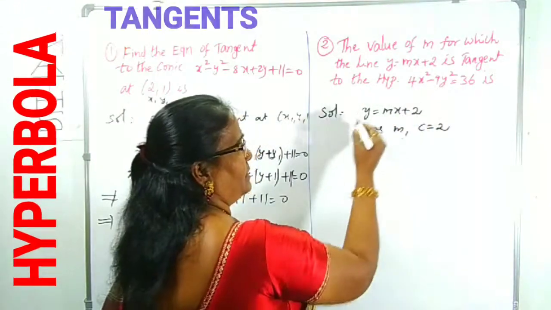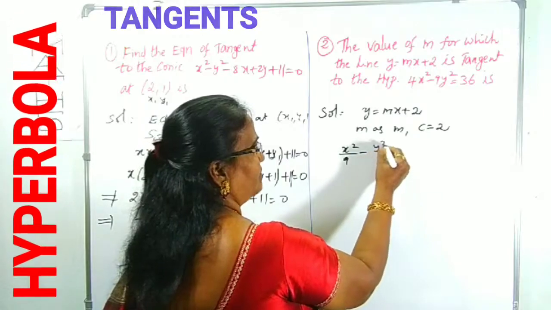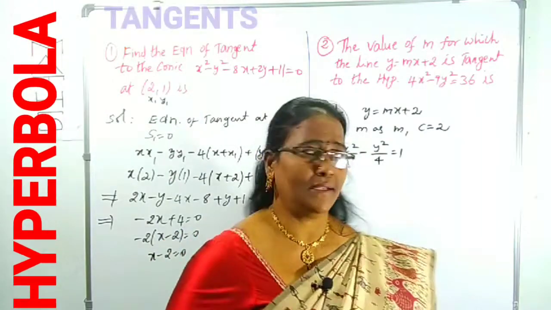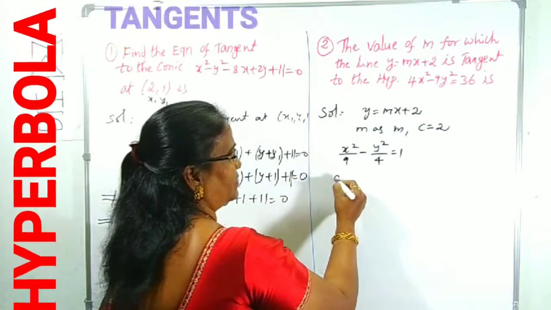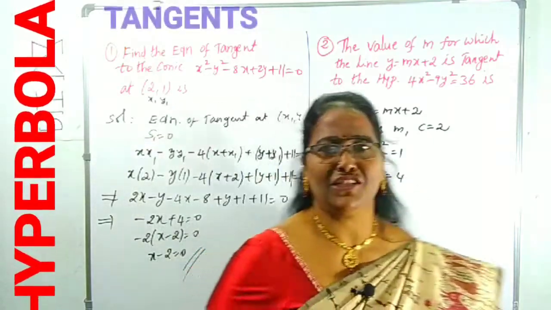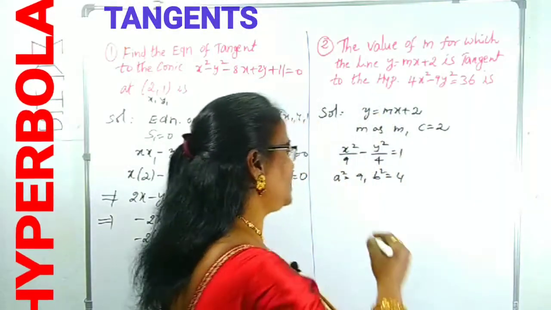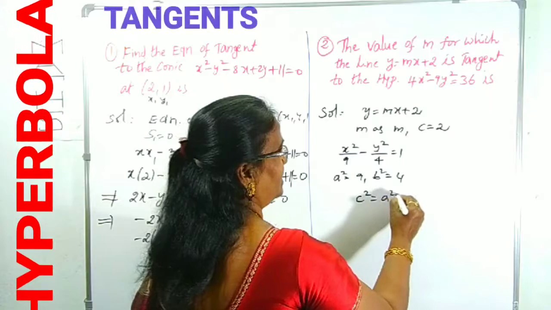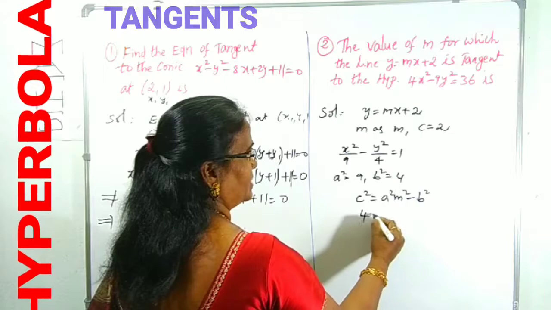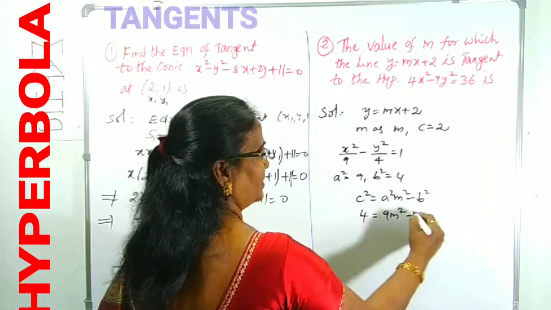And from the given hyperbola, x square by 9 minus y square by 4 equals 1 divided by 36, we can reduce it to standard form of hyperbola, where a square is 9, b square is 4. Then what is the condition for tangency? Yes, that is c square equals a square m square minus b square. c square is 4 because c is 2, a square is 9, m square is m square only, minus b square is 4.